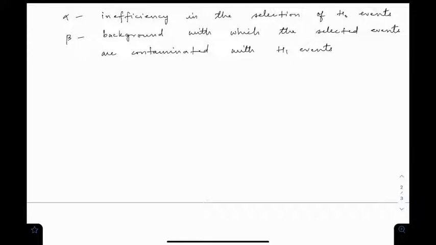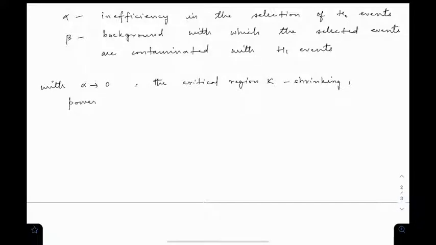With alpha going to 0, the critical region K should be decreasing, while the power one minus beta must decrease and the background is less suppressed.